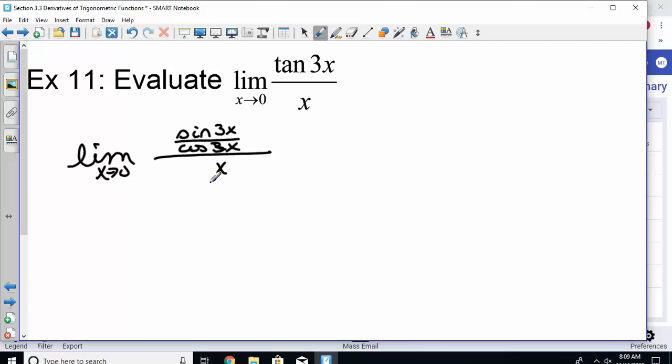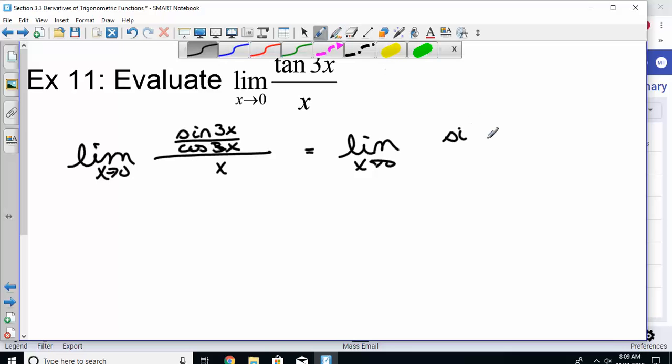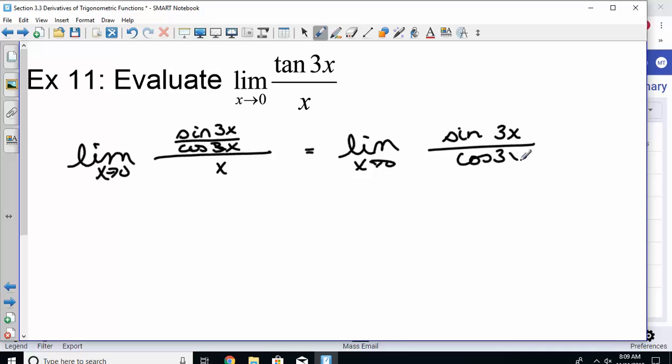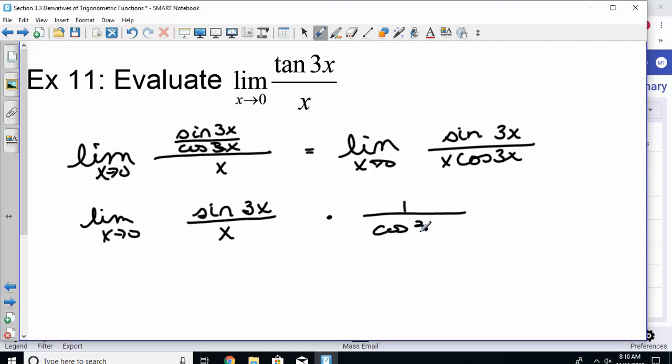We can't leave a fraction in a fraction, but this is really equivalent to the limit as x approaches 0 of sine 3x over x cosine 3x. So I can just drop that cosine down to the bottom. I'm going to separate this a little bit. I have my sine 3x and I also have an x. I'm just going to pull this cosine out to the side for a while.